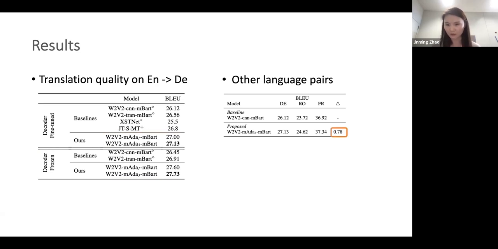Overall, our system outperformed the baseline model, which has the SOTA architecture, by an average of 0.78 BLEU scores. We've also conducted an ablation study on Adaptor itself, and also additional analysis to evaluate the robustness of our system. Please refer to our paper for more details.